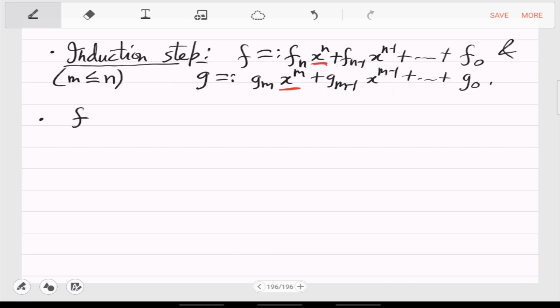It will do f minus, so in G you multiply, what should you multiply? Important thing to remember is that Gm is non-zero, Fn is also non-zero, but that's not very important. What's important is by what you are dividing, so that is Gm.